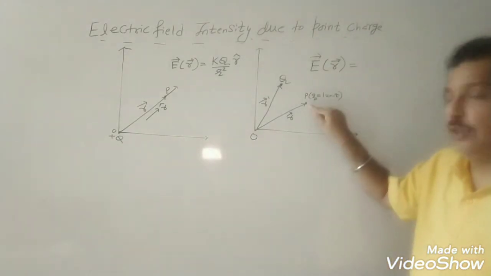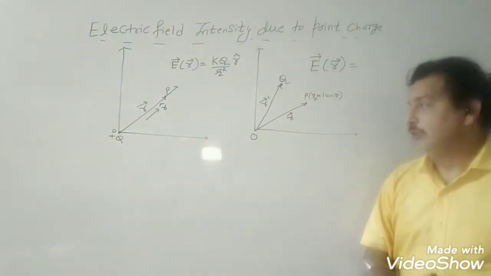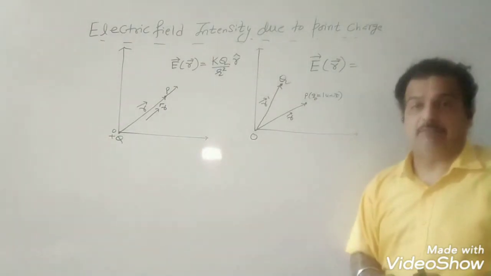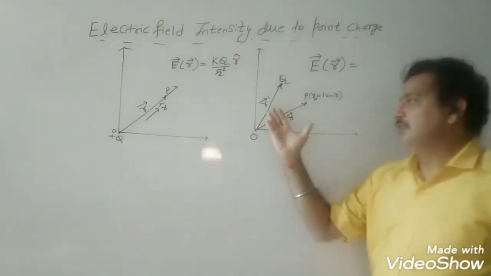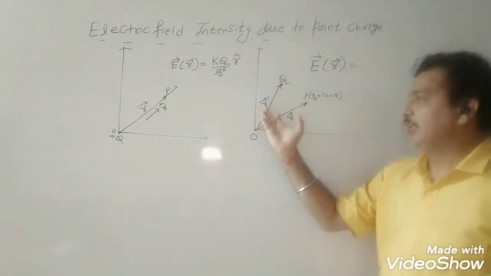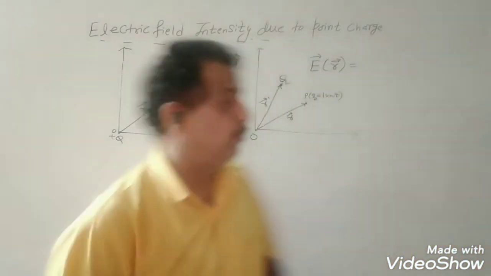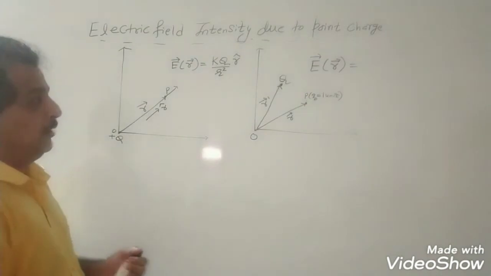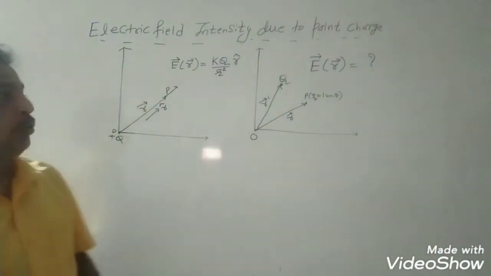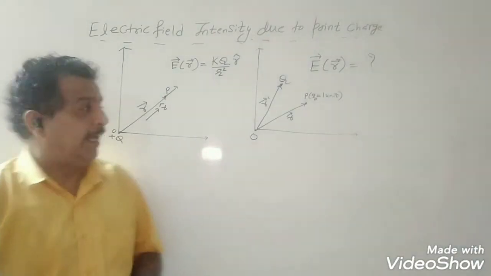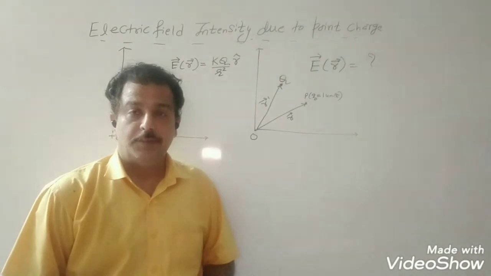Wherever you want to find the electric field intensity, its position vector will be given by the symbol r vector. The symbol for other source vectors can be anything. Here I have written r dash. You can write r1 vector, r2 vector, any symbol you can take. So this is the homework, and the equation of this arrangement I will write in the next lecture.